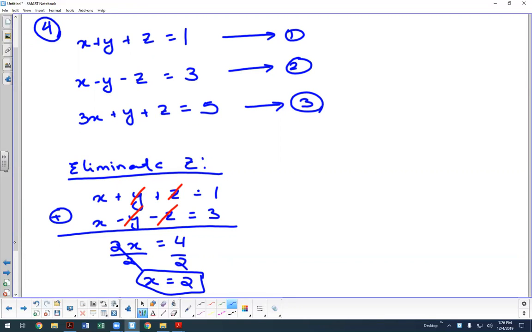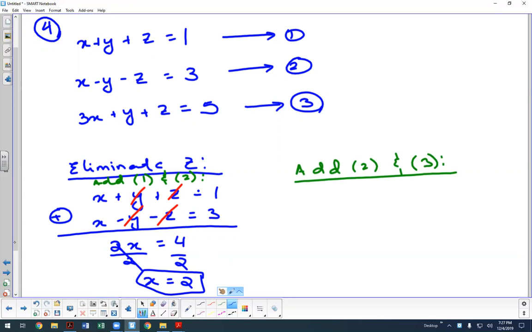So let's see, we added equations 1 and 2. Let's see what happens if we add equations 2 and 3. What do you think happens here? You're just gonna get the same answer.